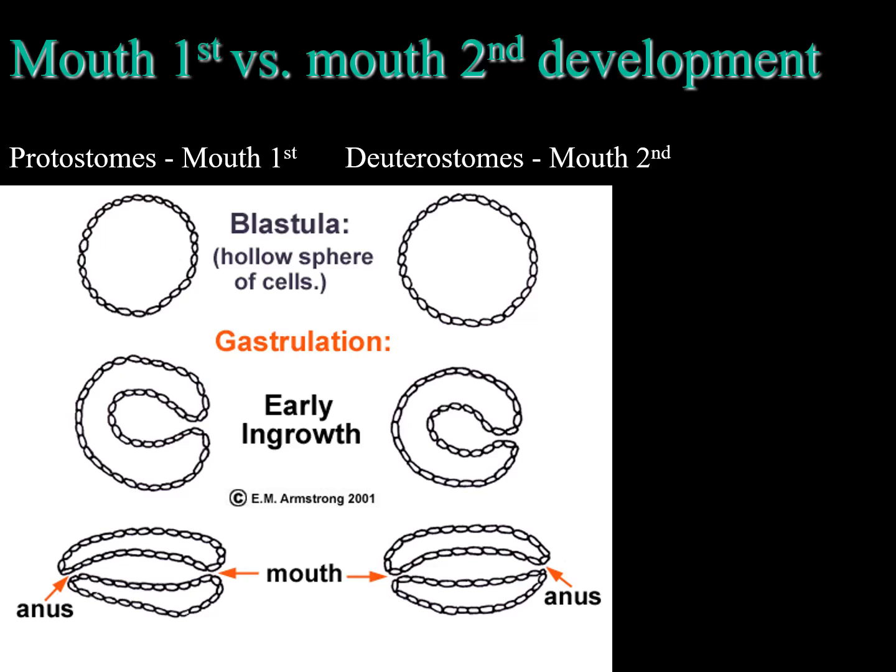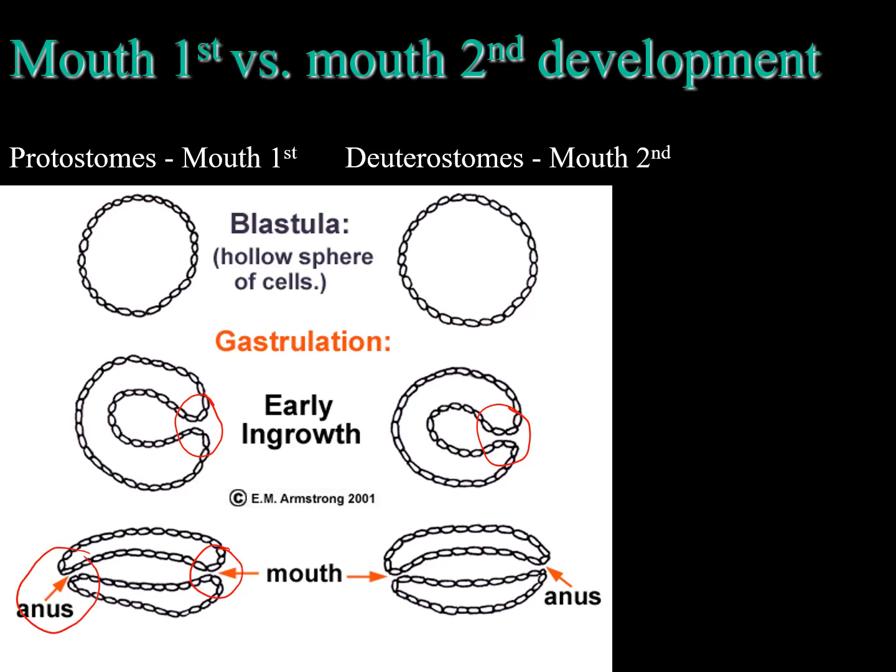Again, if you look at the bottom two pictures, they look the same. The difference between them is not what they look like. It's just what this first opening is going to become in the adult animal. In a mouth first animal, that first opening that forms becomes the mouth. The second opening that forms becomes the anus.